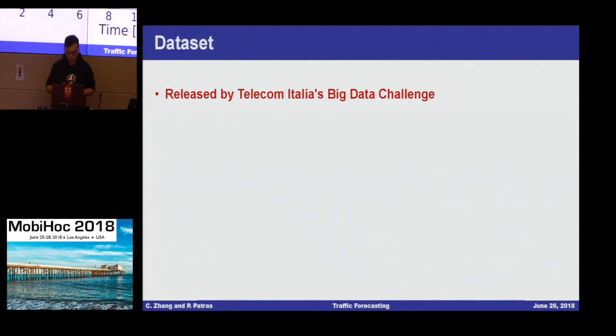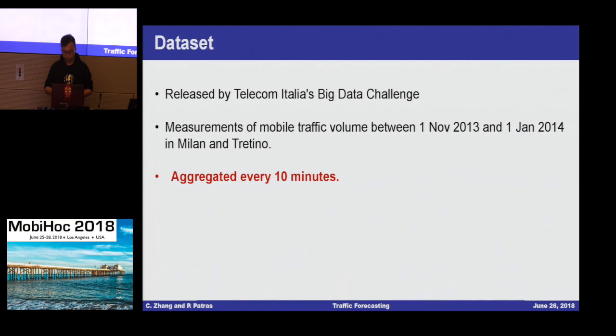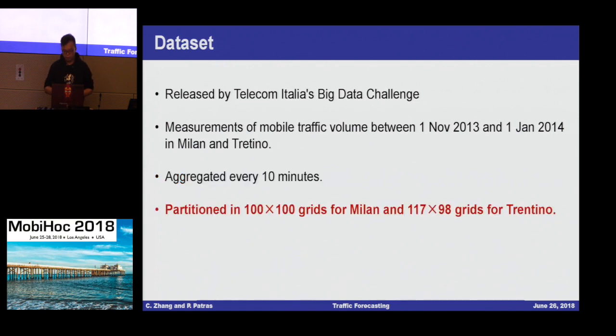So in order to evaluate our proposal, we conduct our experiment on a dataset released by Telecom Italia, and this has measurements of the mobile traffic volume in Milan. These data are aggregated every 10 minutes.